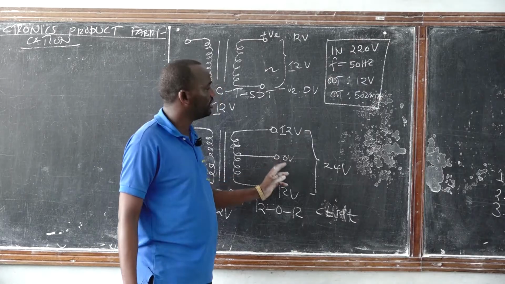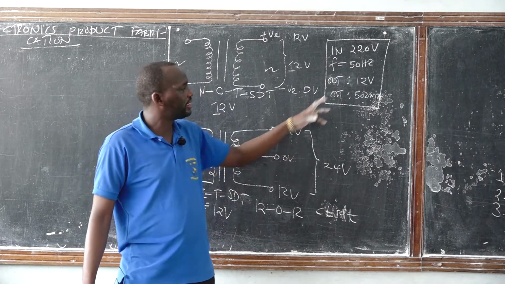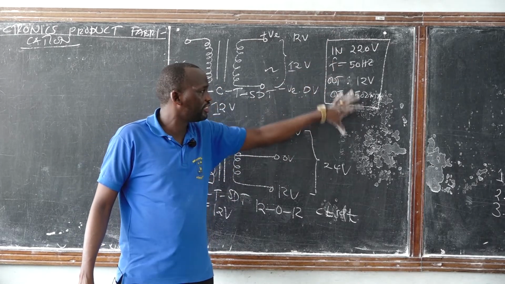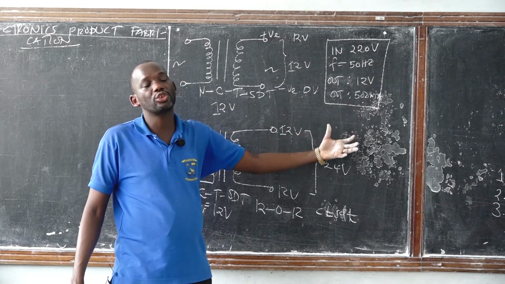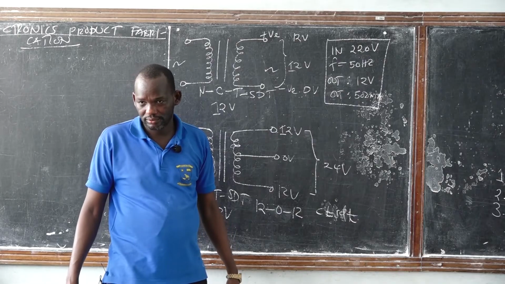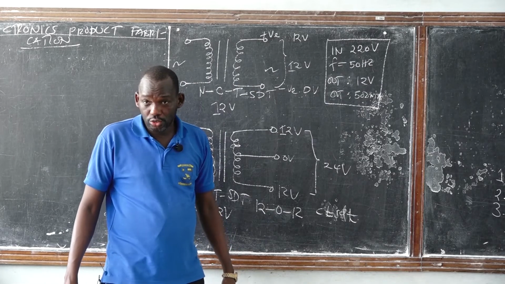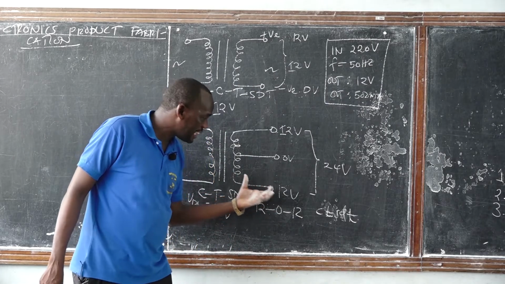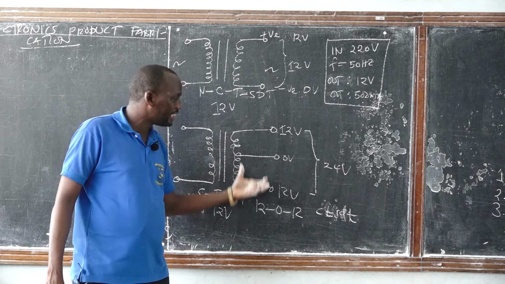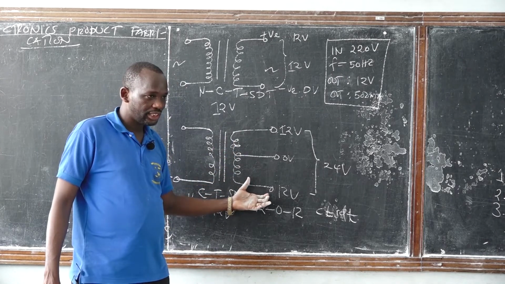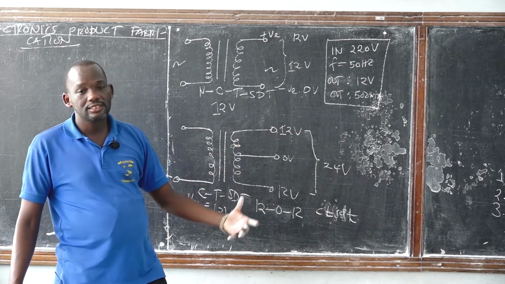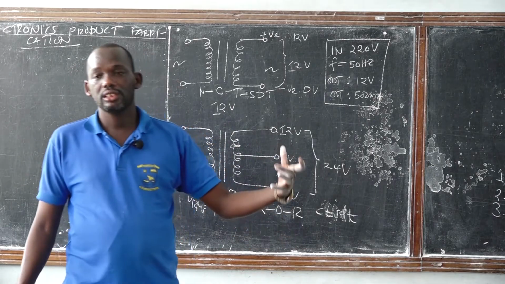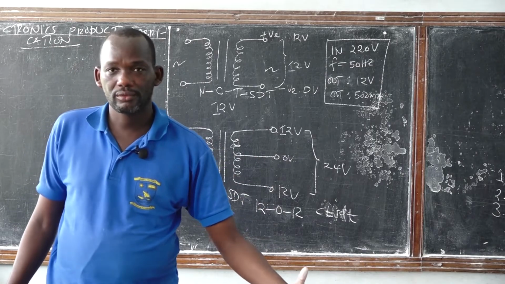So then his question is, if it is center tapped, because transformers with this specification can be either center tapped or non-center tapped. It means that a center tapped step-down transformer is actually a combination of two non-center tapped step-down transformers.